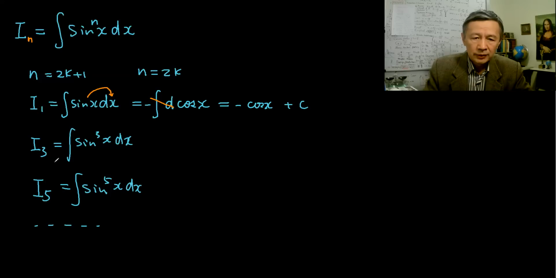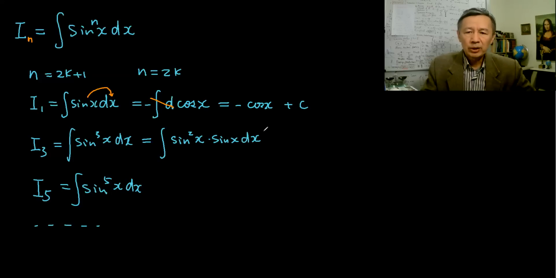Now the trick to solve I3 is to separate. We can borrow a sine here. We can rewrite that as sine squared x times sine x dx. Okay, we use the same trick as we used before. When you see this part, you will see that I can put this sine back into the differential.